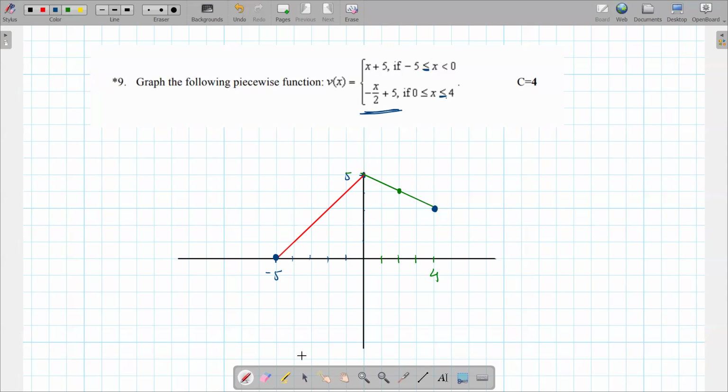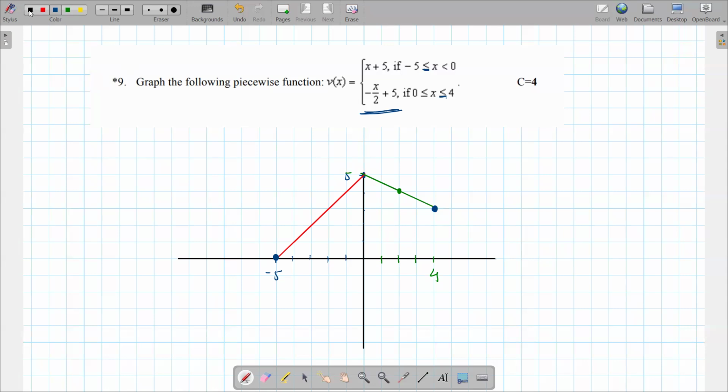Is this function continuous? No, it's not continuous. Where is it discontinuous? At which x value is the function discontinuous? No, this function is continuous, okay?